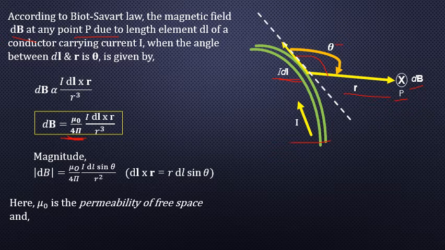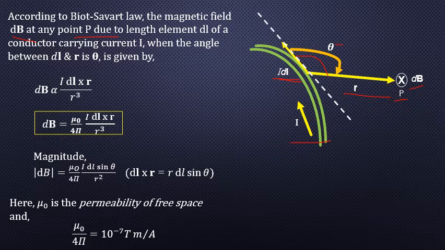Here, in the constant of proportionality mu naught upon 4 pi, mu naught is the permeability of free space, and the value of mu naught upon 4 pi is 10 raised to the power minus 7 Tesla meter per ampere. It is a constant of proportionality.